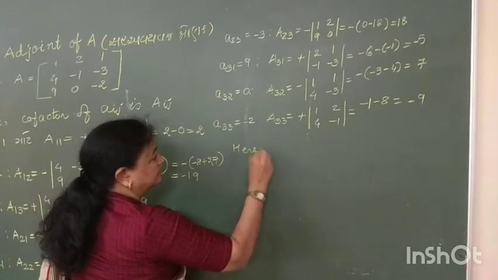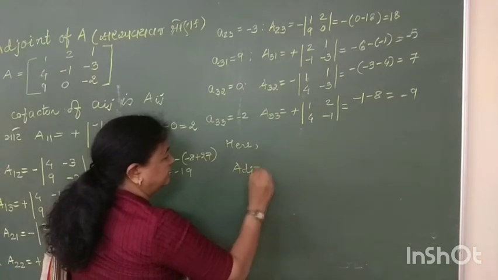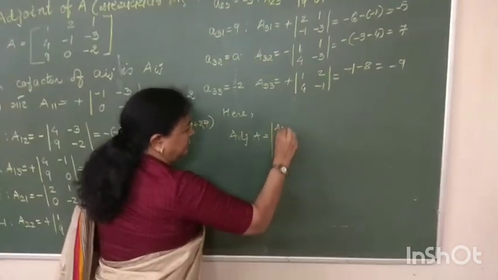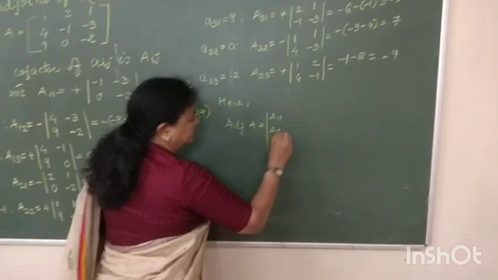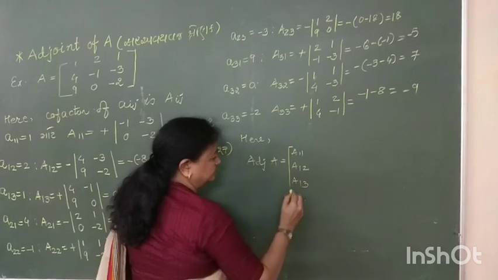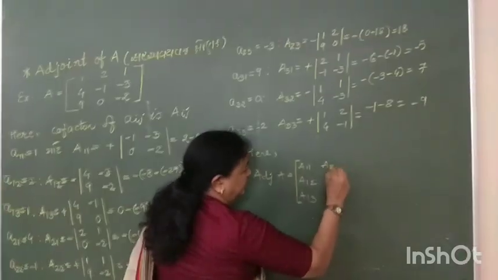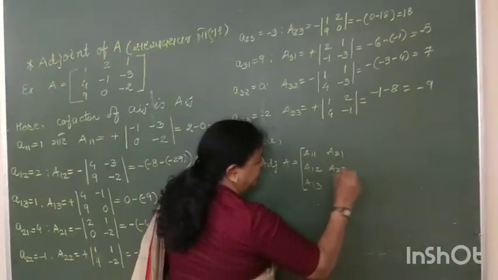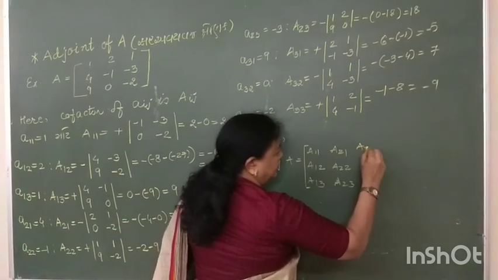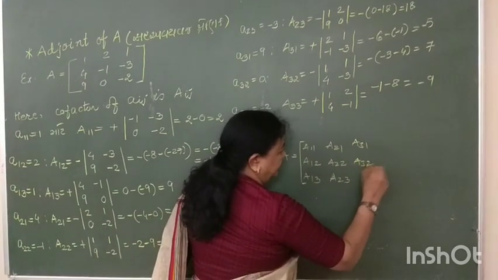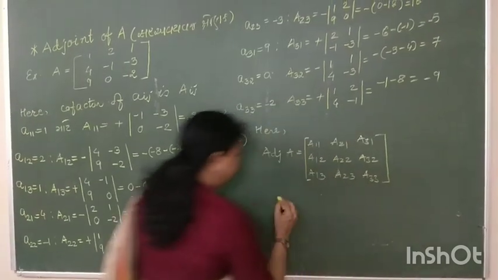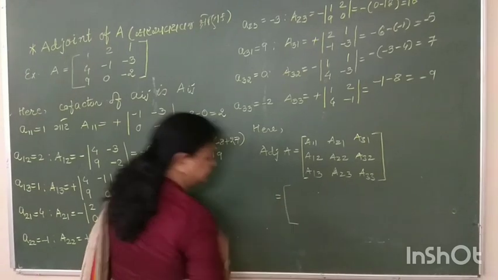Here adjoint of A is [A11, A12, A13; A21, A22, A23; A31, A32, A33]. We just put the values here.